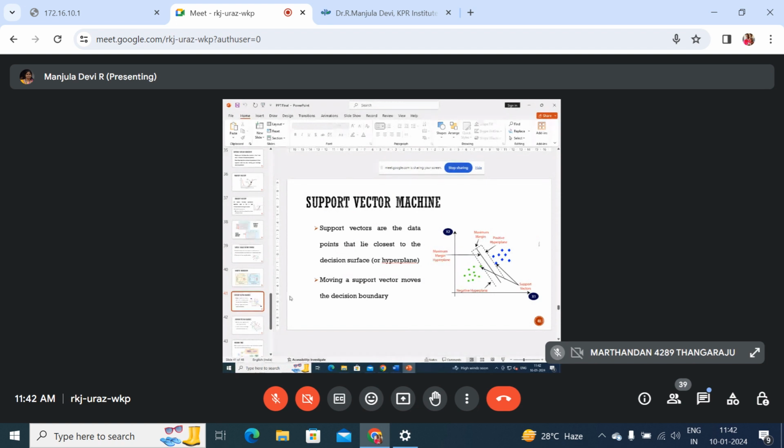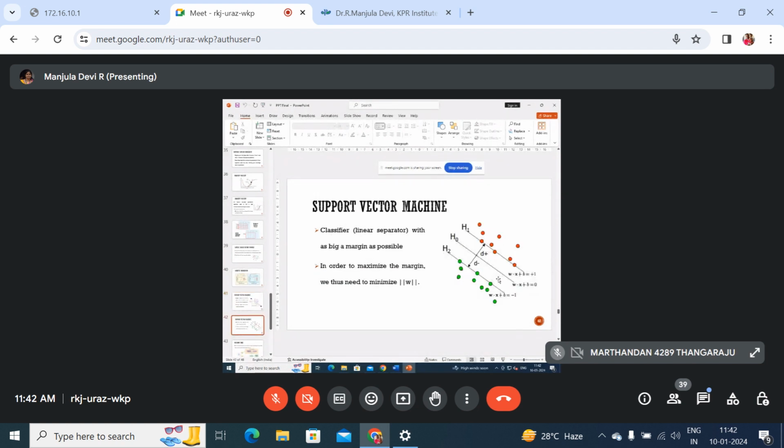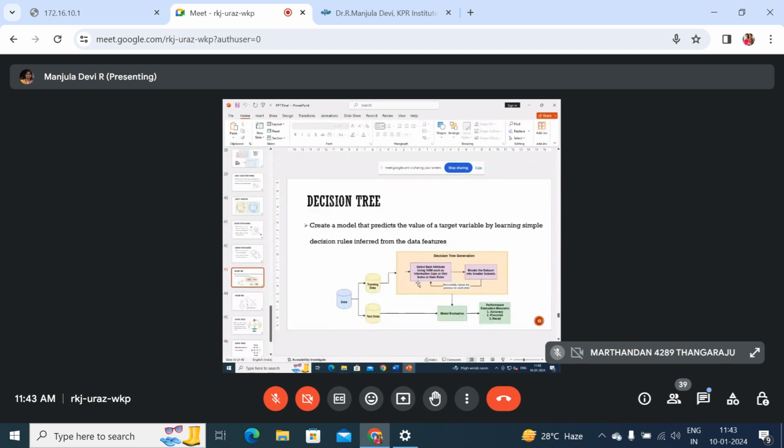The support vectors are the data that lie closest to the decision boundary. So that is my support vector machine. Here the classifiable distance is d minus, d plus. The samples which are very close to the boundary are taken as the support vectors. Our objective is to minimize the weight value.